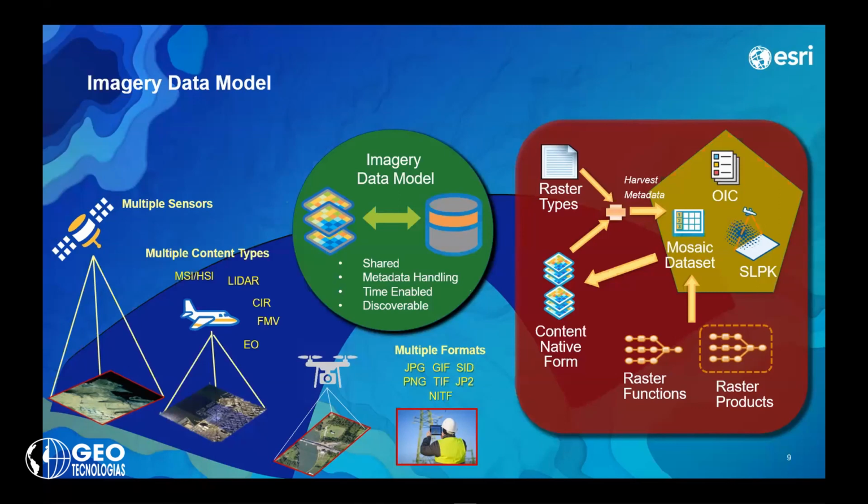So again, by design, we want to be platform and sensor agnostic. That is, we can take any content from any device and integrate it with any other content in ArcGIS and allow you to create output products and services. And we do that by managing pixels and metadata.